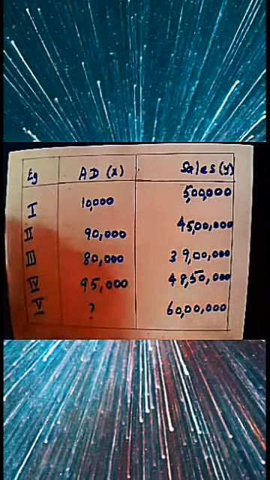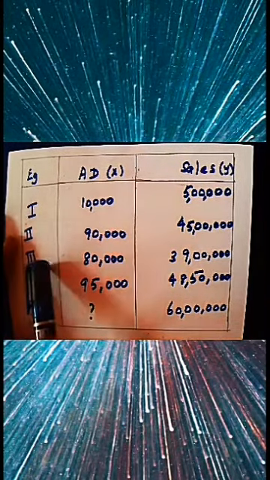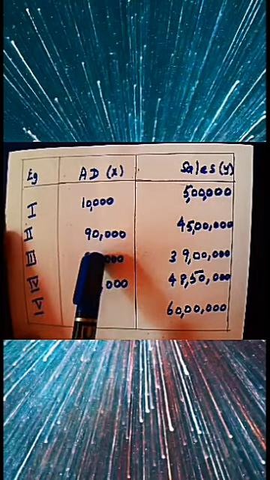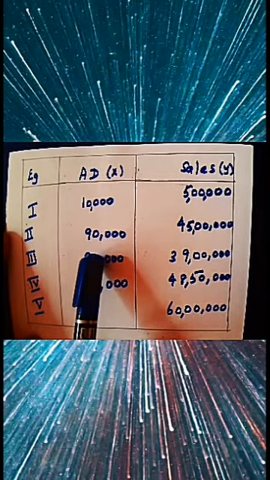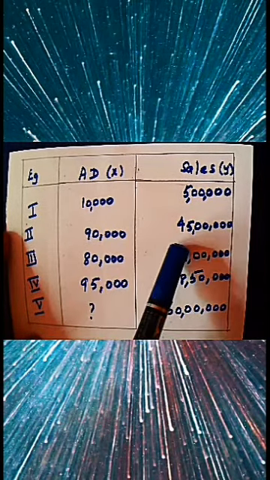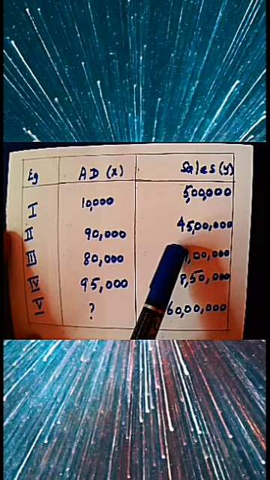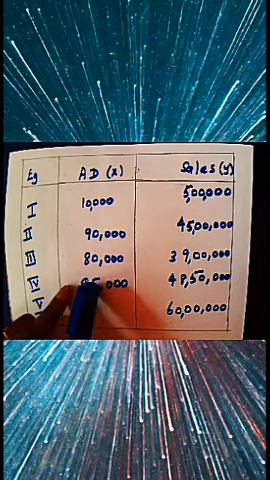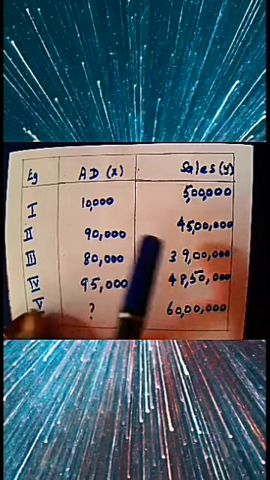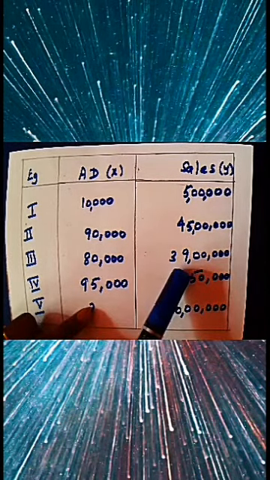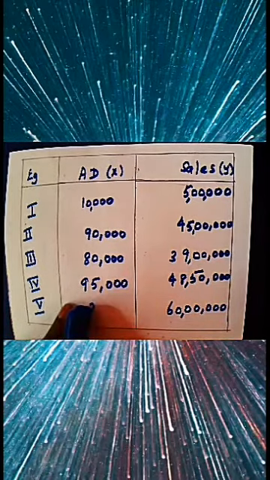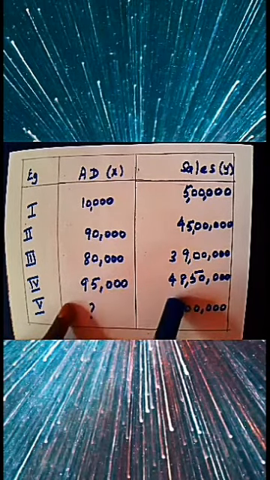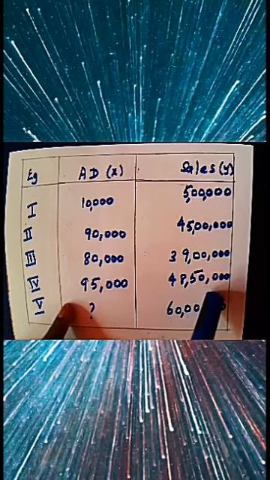Similarly, in the second year, I'm going to invest on advertisement 90,000, and my sale is going to be 45 lakhs per annum. Just an assumption. Similarly, if you invest 80,000, the sale is going to be 39 lakhs. If I invest 95,000 in advertisement, again the sale is going to be 48 lakh 50,000.